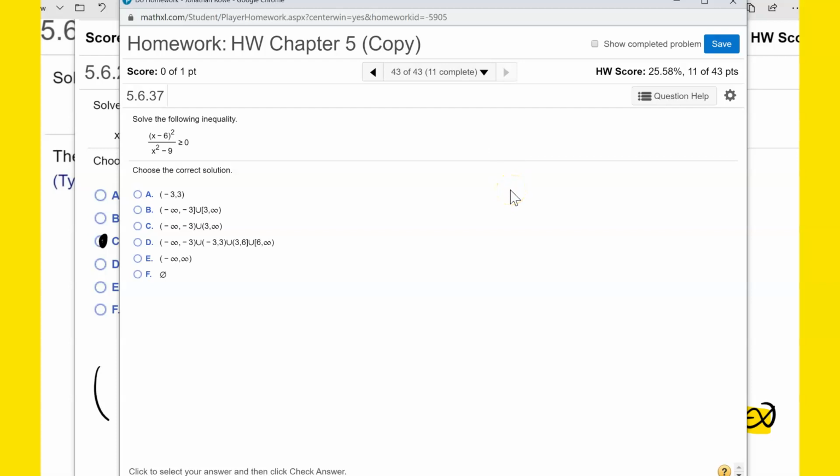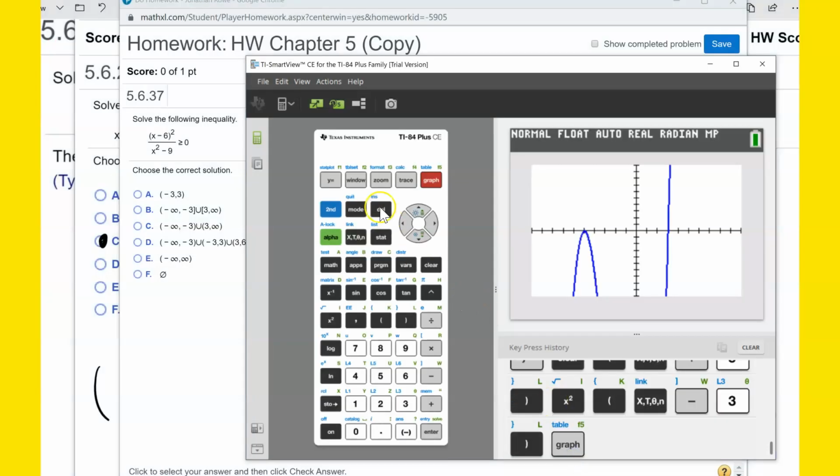All right, this is our last one. I would probably encourage you here, since this is not a polynomial, to graph this in your calculator, because it would be good to get a look at what this looks like.